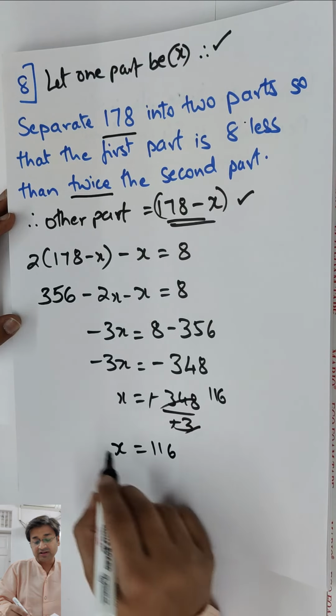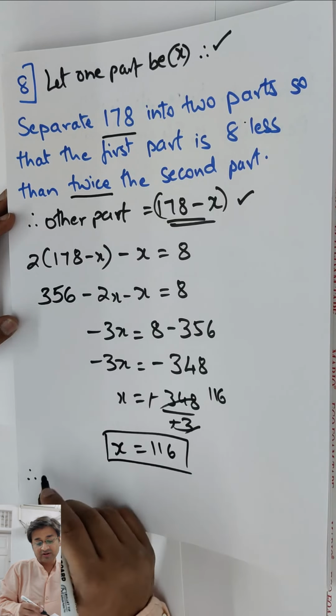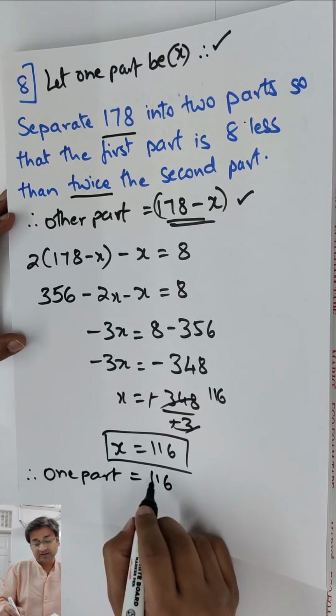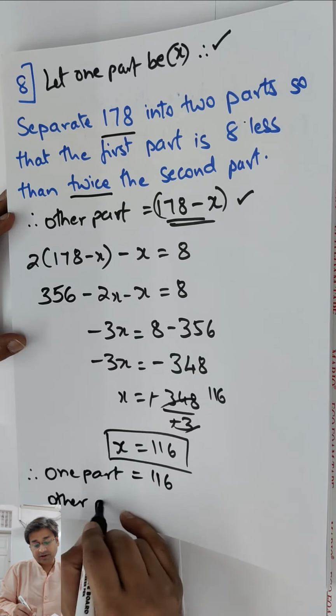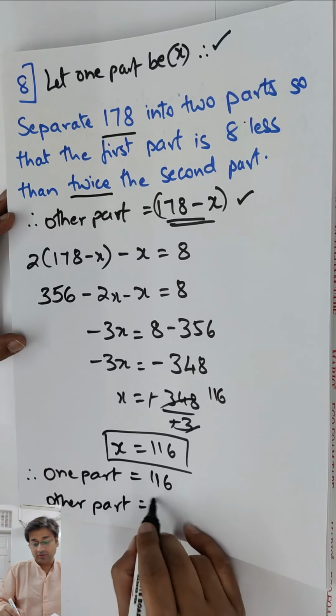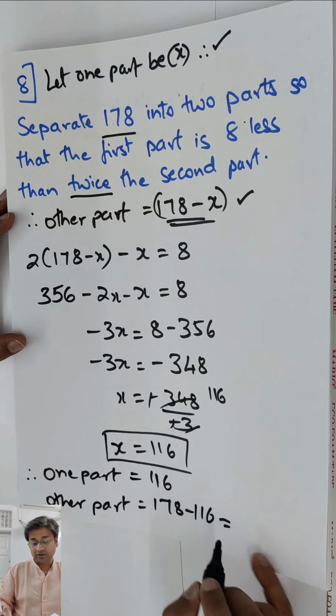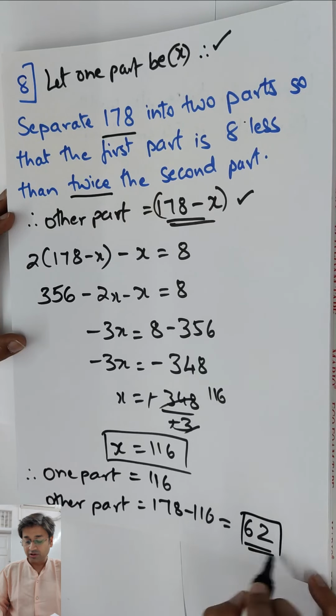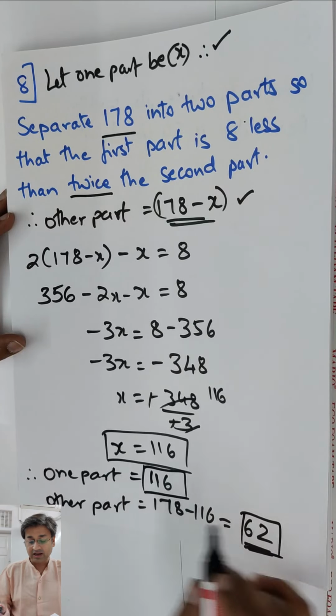So the first part is 116. So you say therefore one part is equal to 116 and the other part will be 178 minus 116. So that gives us 62, is it? So we got the two answers as 116 and 62.